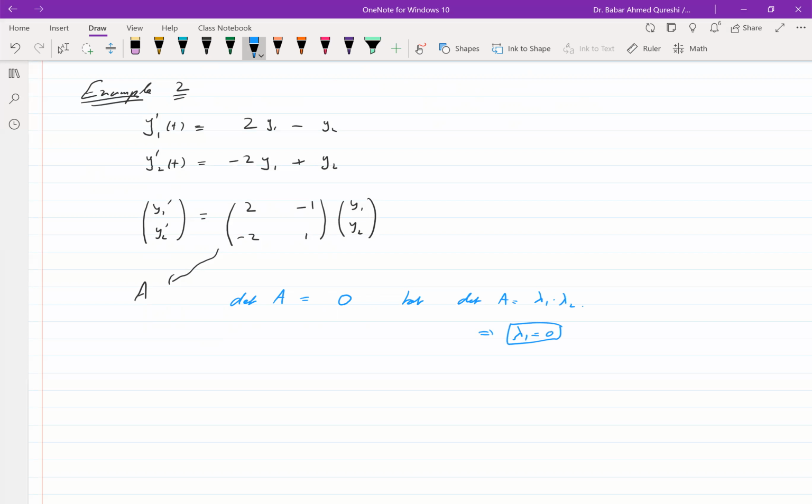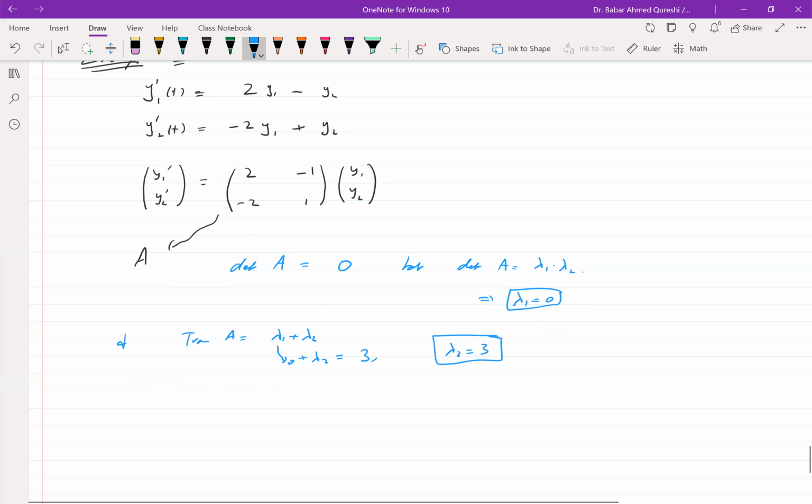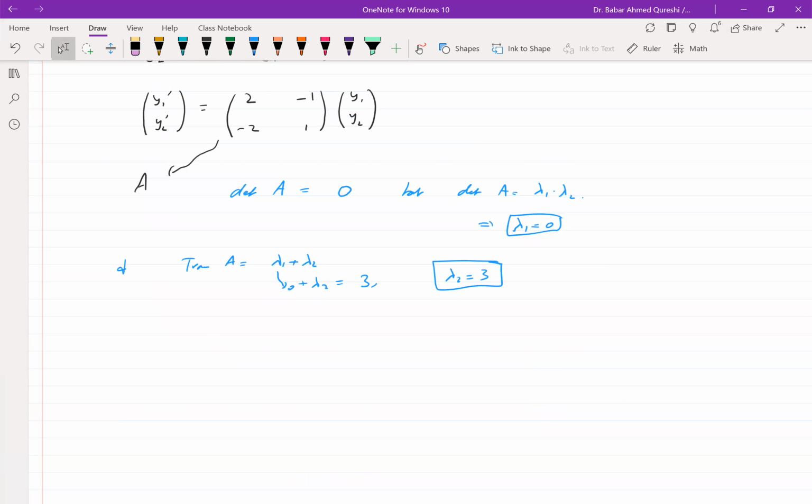So 0 is an eigenvalue, you just know it. And I also know that the trace of A is the sum of the eigenvalues. So one of them is 0, then the other one must be equal to the trace, which is 3. So the other eigenvalue is 3. I have just found the two eigenvalues, lambda 1 is equal to 0 and lambda 2 is equal to 3. Let's find out the eigenvectors.